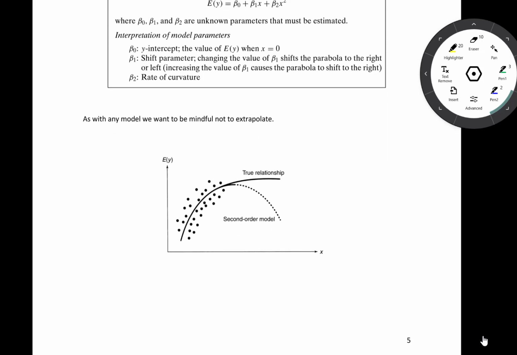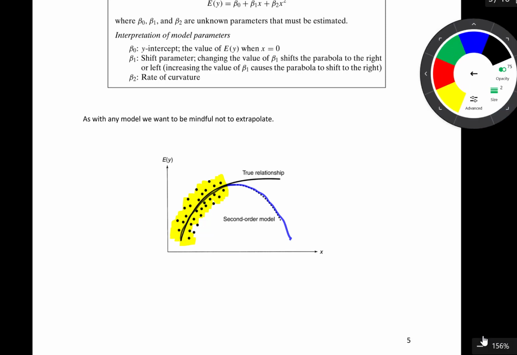Now, with any model that we fit, just as a reminder, we want to be careful that we don't extrapolate. For example, a second order model might look like the blue line here. If our data is only in this piece right here, and we use that second order model to predict, let's say, here, notice we don't have any actual data.